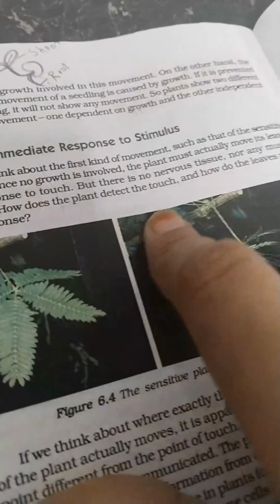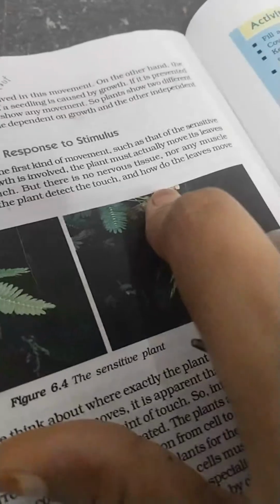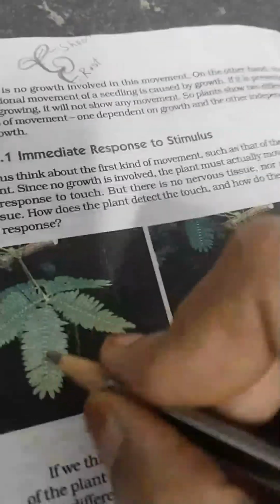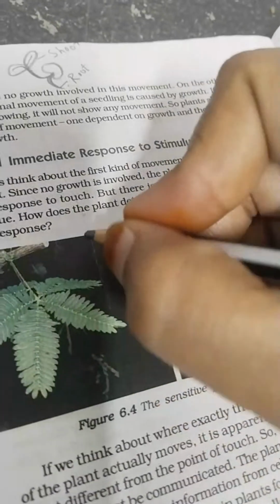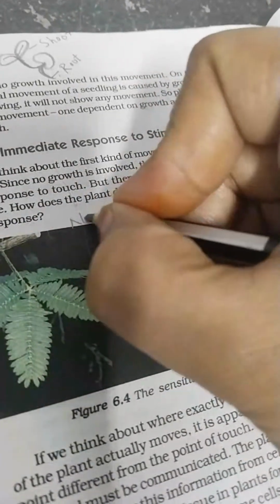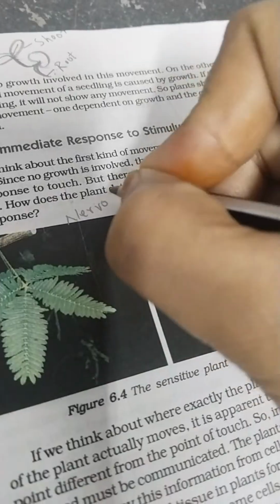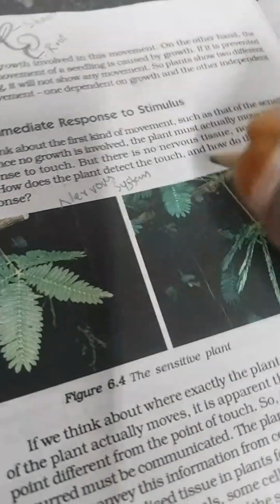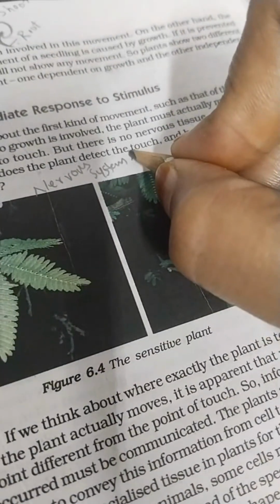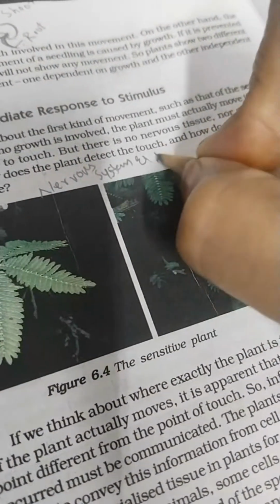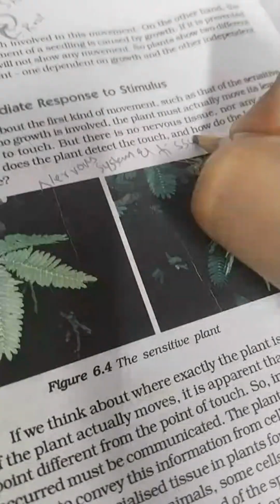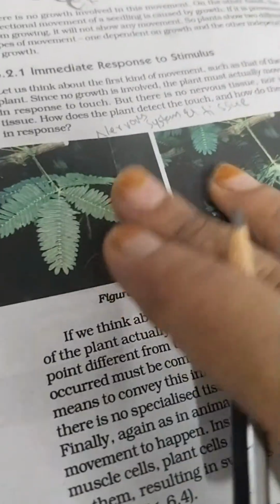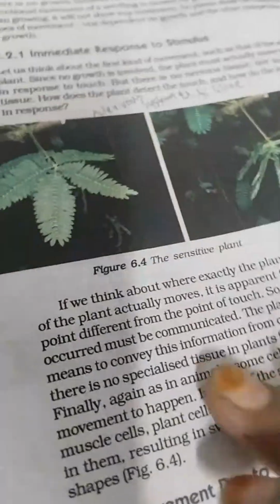How does the plant detect the touch and how do the leaves move in response? First thing, in these plants no nervous system is involved. Even though they are doing this work, let me discuss how they are detecting this sense.